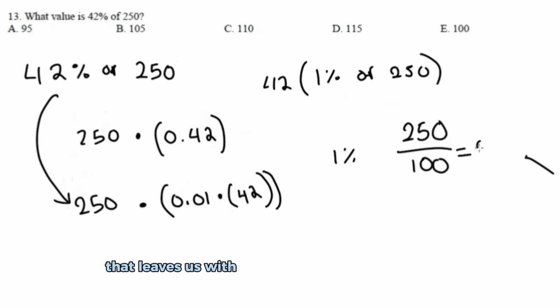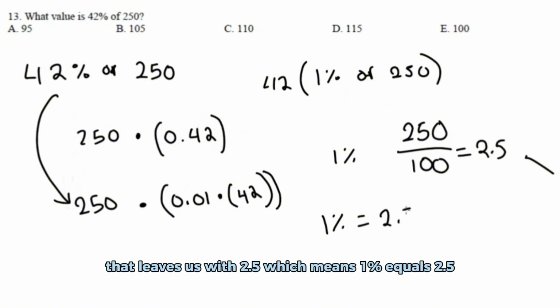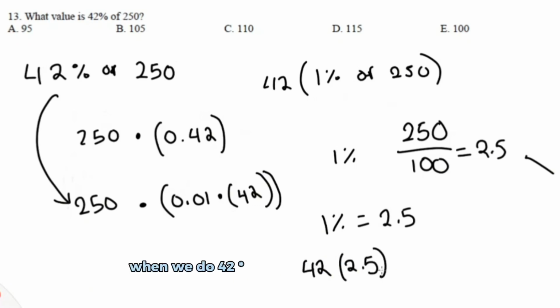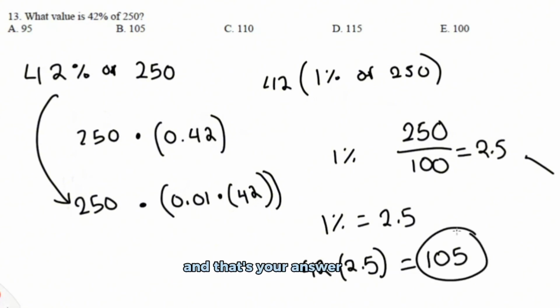That leaves us with 2.5, which means 1% equals 2.5. Now all we have to do is 42 times 1%, which in this case is 2.5. When we do 42 times 2.5, that leaves us with 105. And that's your answer.